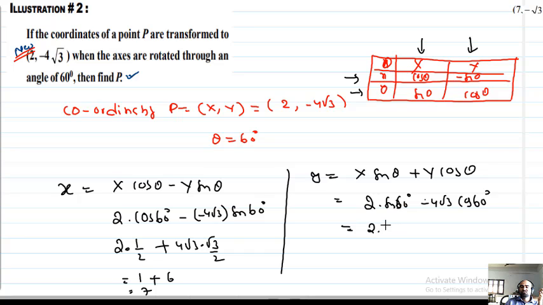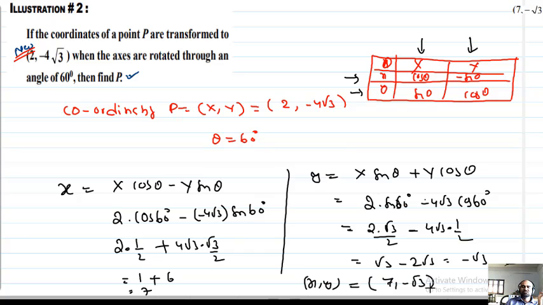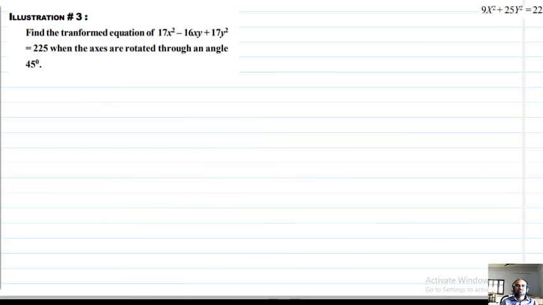That is 2 into √3/2, minus 4√3 into 1/2. That is √3 minus 2√3, that is minus √3. So the old point, original point, equals (7, -√3).